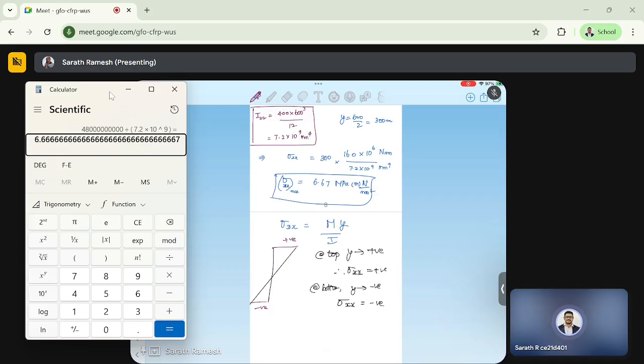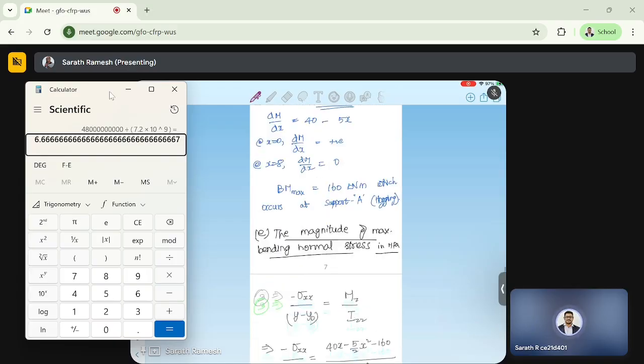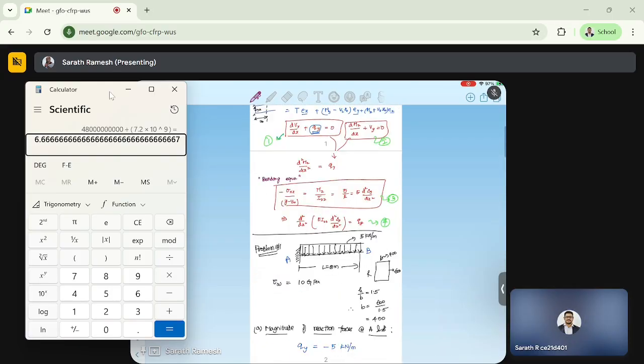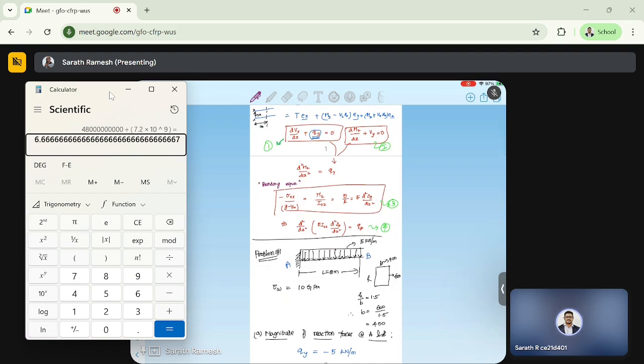Positive means tension, tensile stress. Negative means compressive stress. Because it's a cantilever, it's going to show a hogging curvature. A hogging curvature means the top fiber is going to elongate and the bottom fiber is going to contract. So above it's positive, below it's negative.